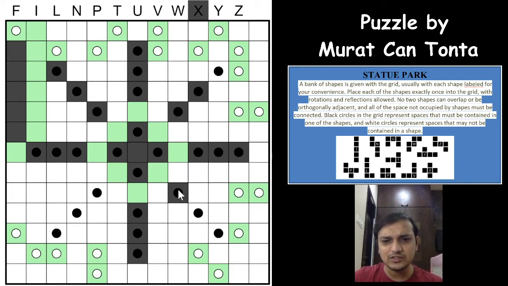So these 2 black circles will have to touch each other, because the 4 black circles towards the center cannot form a different pentomino on their own. It will have to touch this black circle and form a pentomino, right? So I'll just mark that.